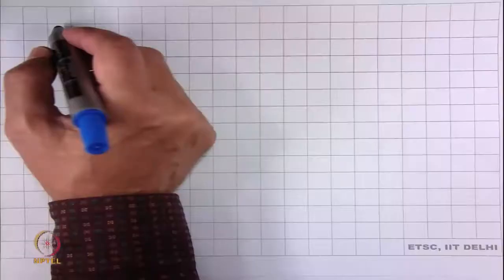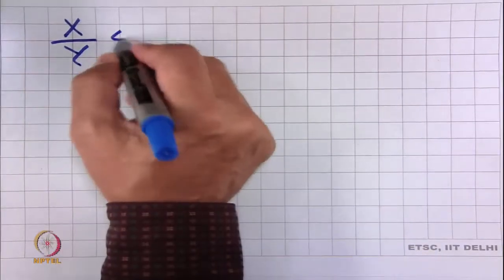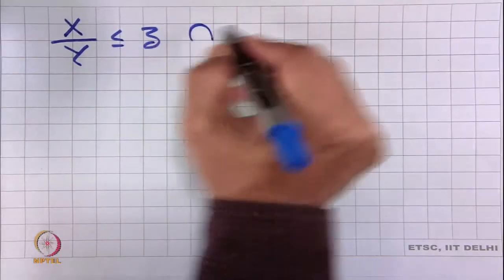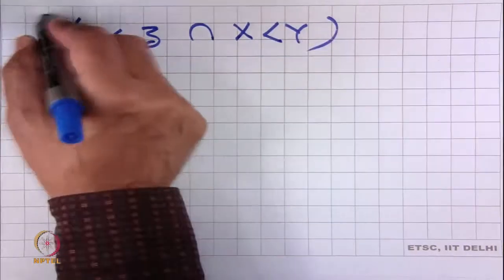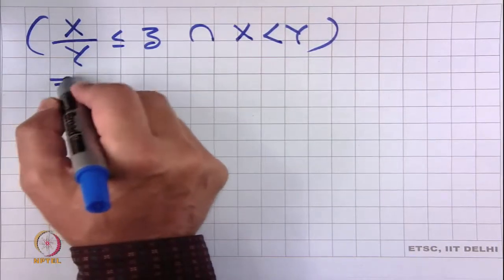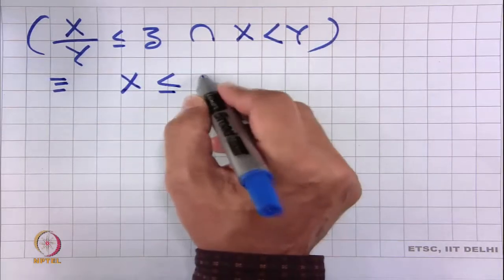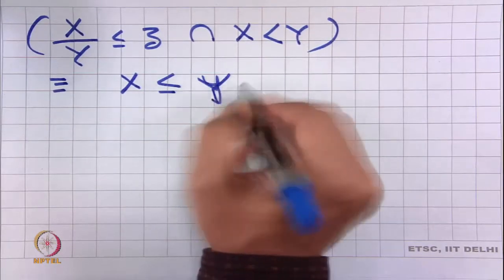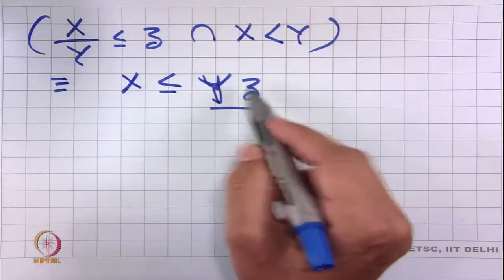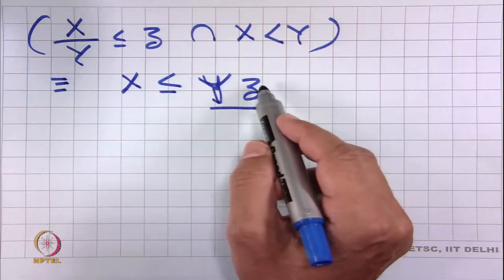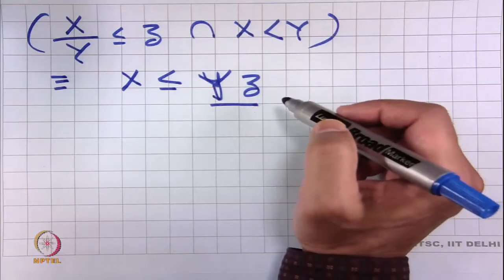So, consider x by y less than or equal to z and x less than y. This is equivalent to x less than or equal to y z, and since z is less than 1, this is automatically satisfied.